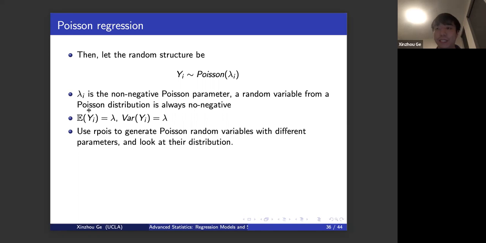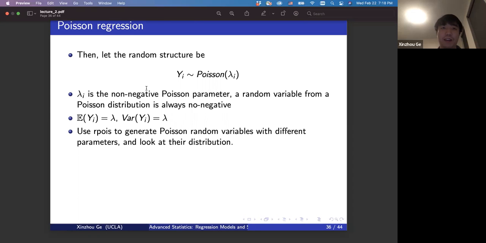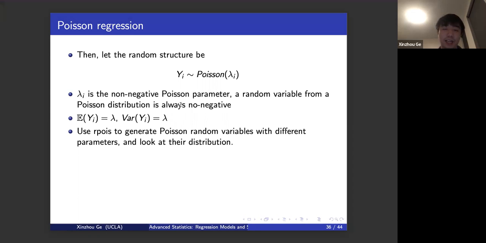One important property of the Poisson distribution is that the variance and the expectation are exactly the same, and they are both equal to lambda. We can use the rpois function to generate Poisson random variables with different parameters and look at what they are like.